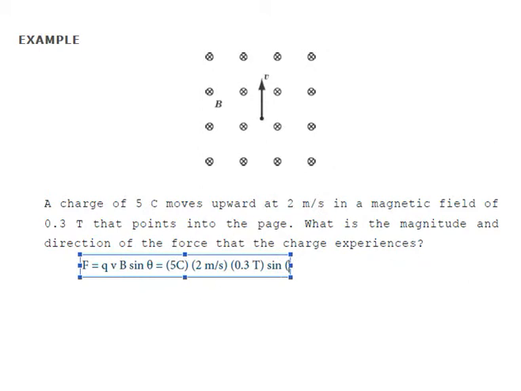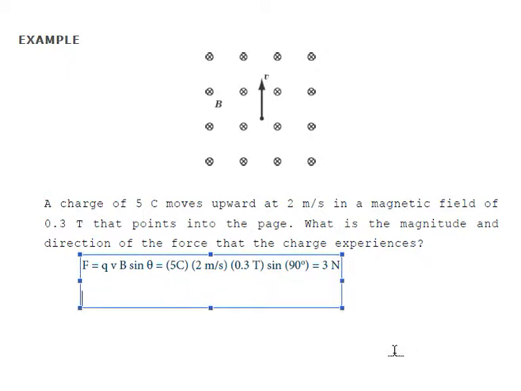If this is up the page, the magnetic field goes into the page, they'll meet at 90 degrees. So 5 times 2 is 10, times 0.3 is 3, times 1 would get us a 3 Newton force. So magnitude, not too bad. Just take all the numbers you know and plug them in. The tricky part here is going to be figuring out the direction.